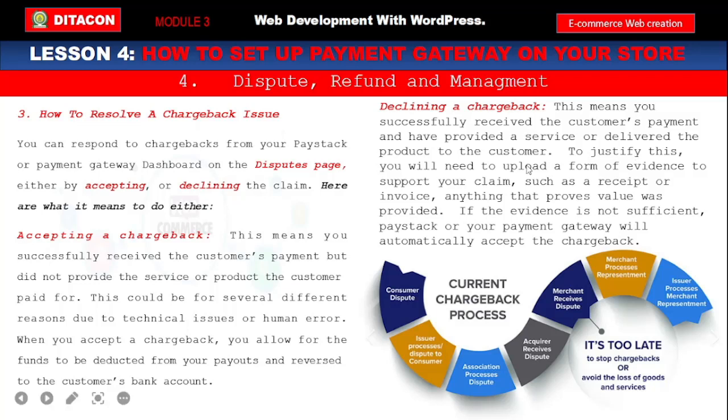The second one is declining the chargeback. This means you successfully received the customer's payment and have provided the services or delivered the products to the customer. To justify this, you will need to upload a form of evidence to support your claim, such as a receipt or invoice, anything that proves value was provided.